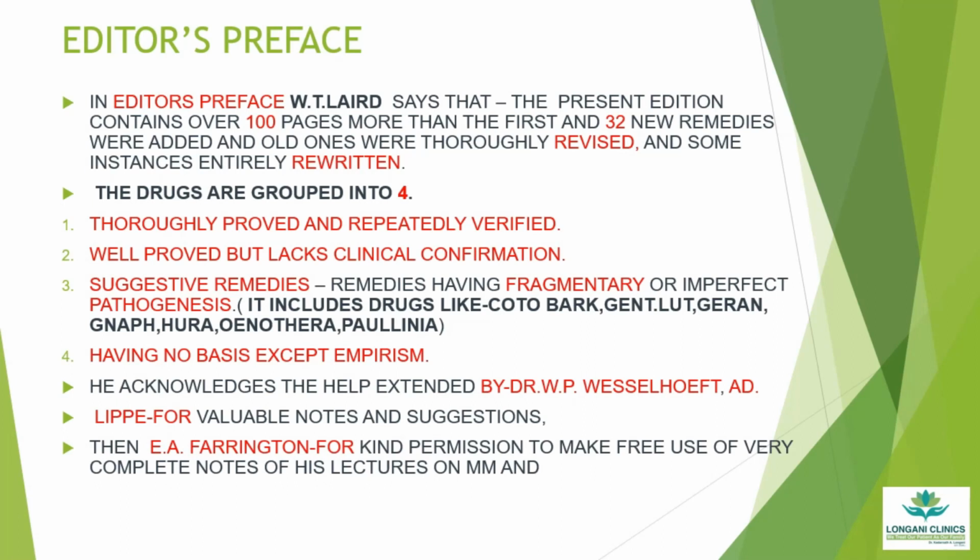Second, well proved but lacking clinical confirmation. Third, suggestive remedies, having fragmentary or imperfect pathogenesis. It includes drugs like cotobark, gentiana lutea, nephelium, hura, oenothera, pollinia. Fourth, those having no basis except empiricism.